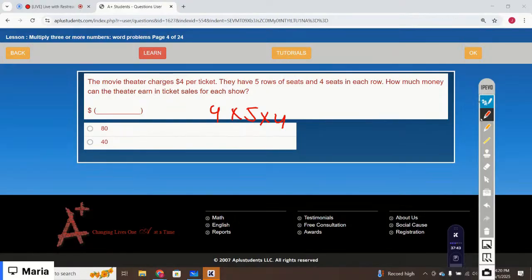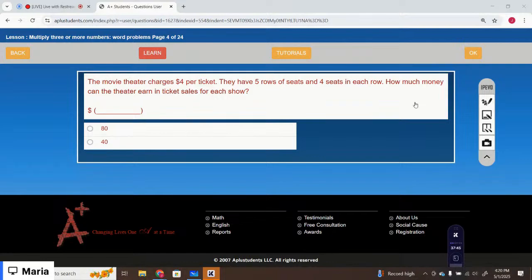Option number one is the correct option. That is 80. Option one is the correct option.